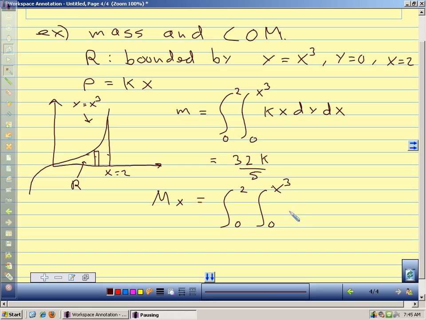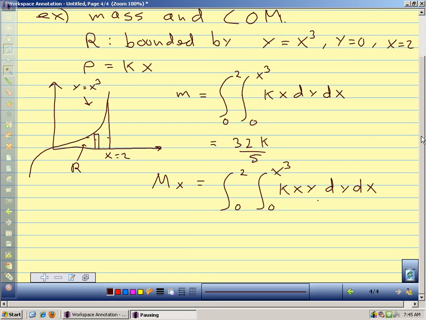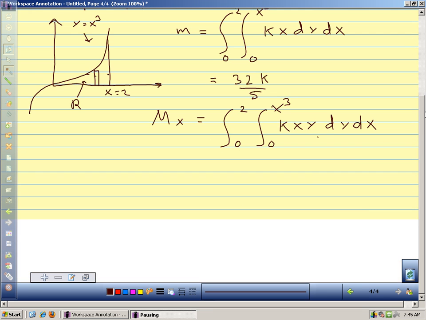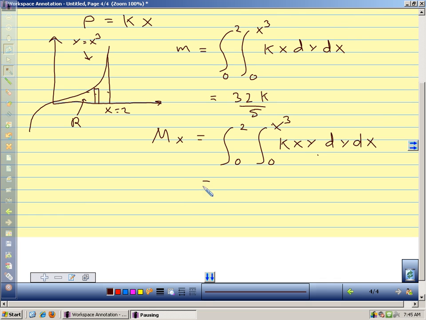So we get kxy dy dx. That would be our integral for the moment about the x-axis. When we evaluate that, we should end up with 16k. Not a difficult integral to evaluate.